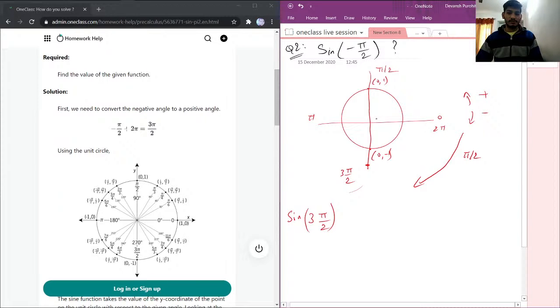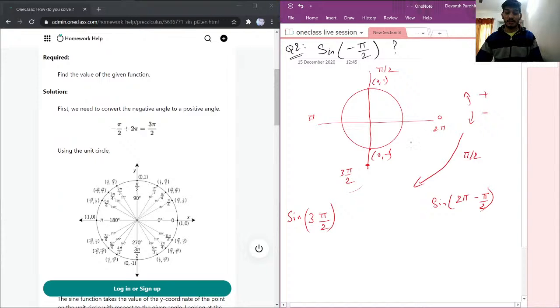Now we can also do this mathematically instead of graphical notations. Whenever we have any angle given in negative terms, suppose this was negative pi over 2, we subtract the angle from the whole 360 degrees, that is 2 pi, so that we get the positive value of the angle.